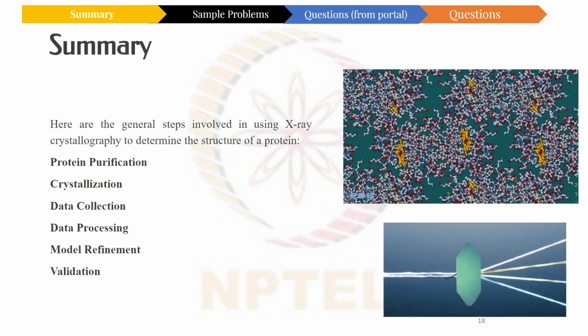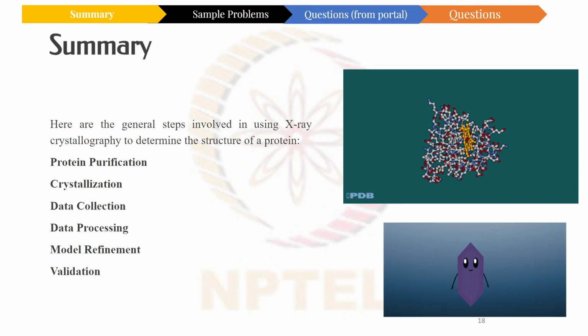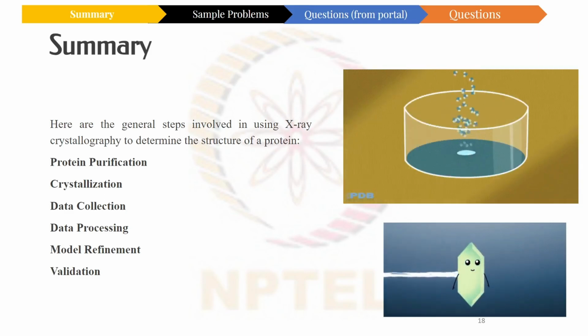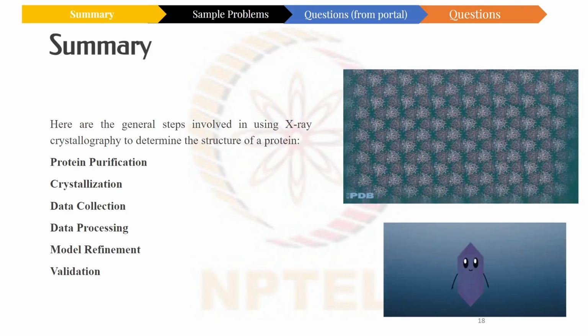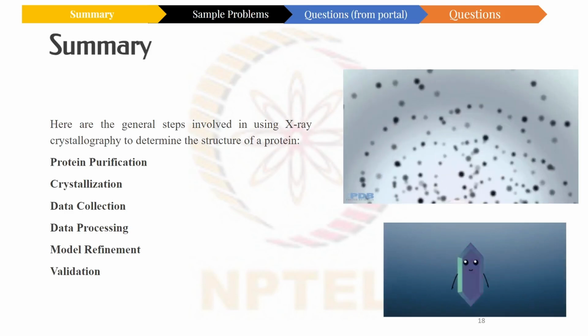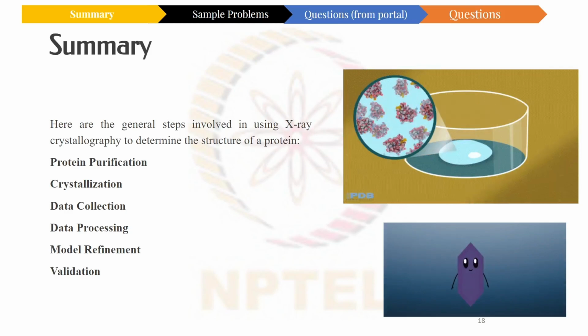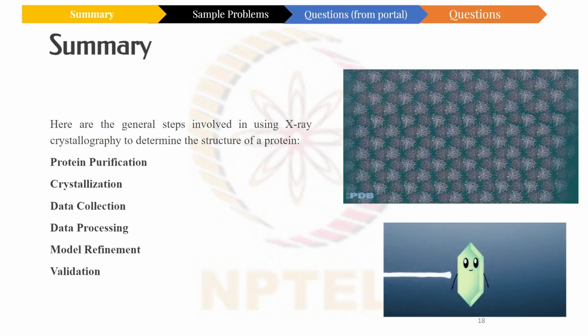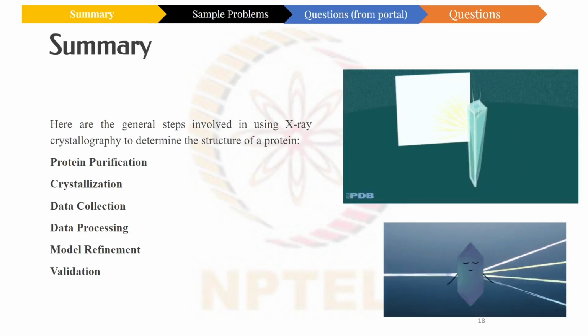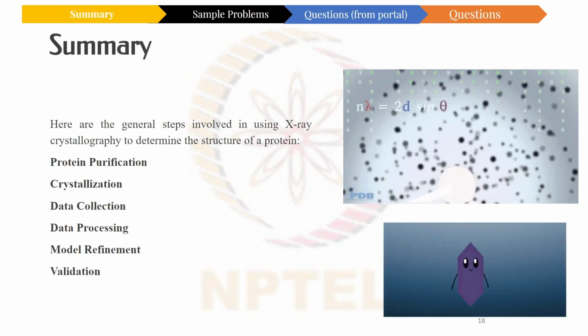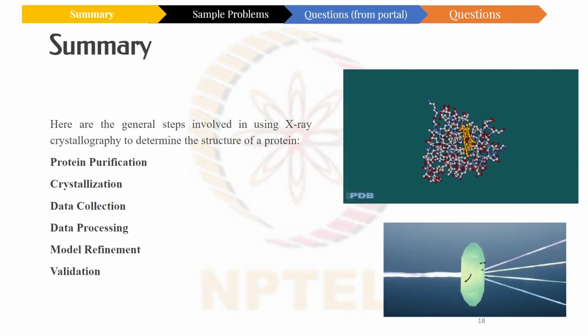The steps involved are protein purification, crystallization, data collection, data processing, model refinement and validation. The first step is to obtain a pure sample of the protein, which is typically done by expressing it in a host organism and then purifying it using a combination of chromatography, filtration and dialysis methods.